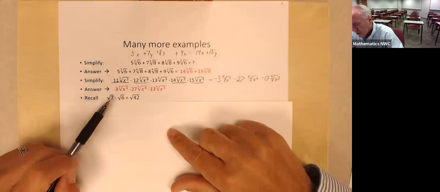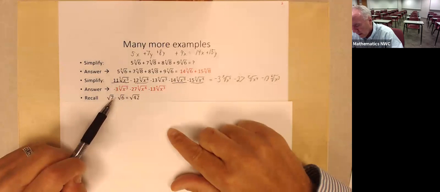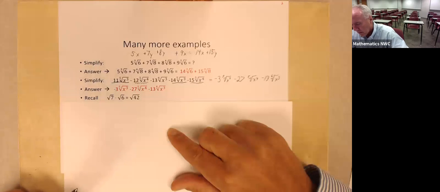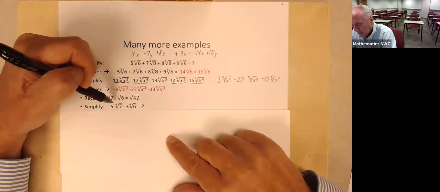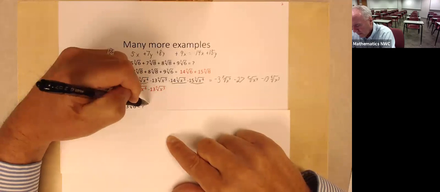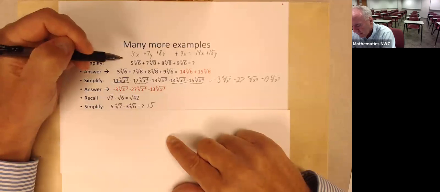In the last section, we looked at this algebraic rule. These arguments can be multiplied. So if I were to have this one right here, I would multiply my coefficients, 5 times 3 to get 15.